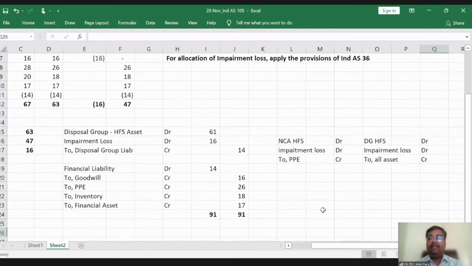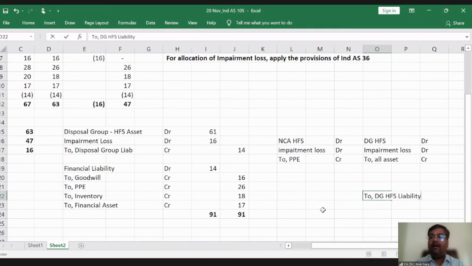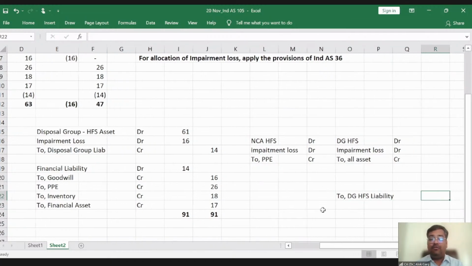Here one more element is there. Here a disposal group liability is also there. If disposal group held for sale asset will be debited, of course disposal group HFS liability will be credited now. This is a liability, so this will be credited, right? And your normal liability will be debited.